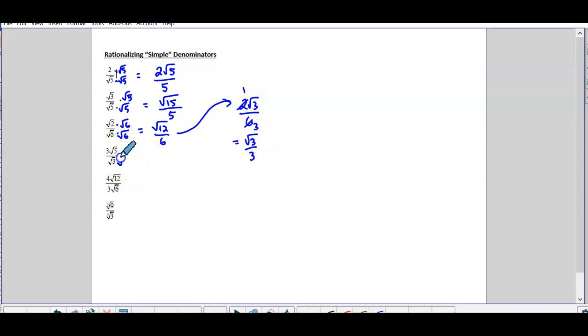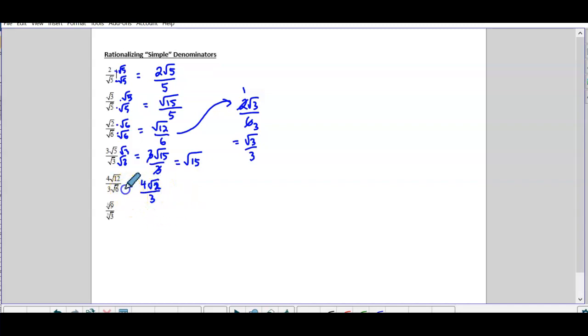So here, root 3, so that's 3 root 15 over 3. Those 3's divide out, so root 15. This one, I see that 6 does go into 12, so I'm actually going to do that: 4 root 2 over 3, and then I don't have to rationalize anything.